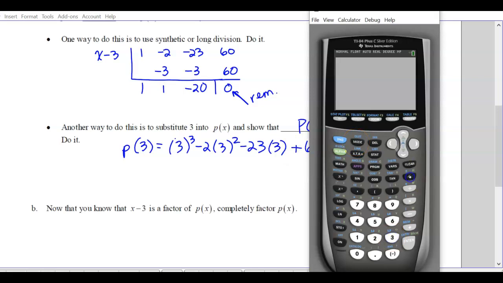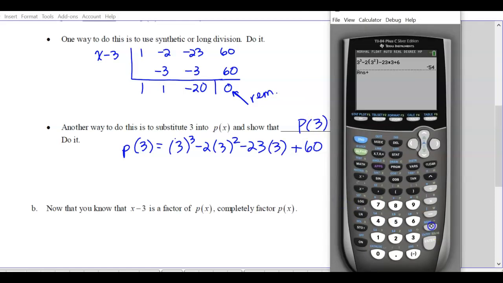Calculator if you want. 3 cubed minus 2 times 3 squared minus 23 times 3. Plus 60, and I did 6, so plus 54. 0.